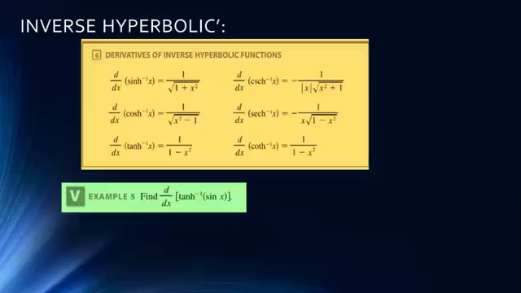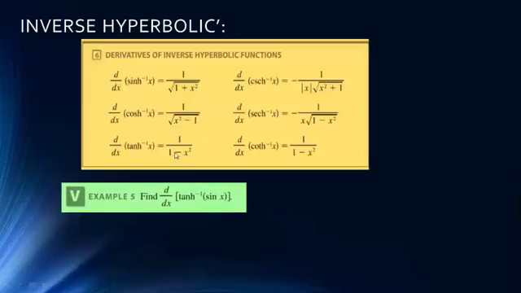Again, we have a chain rule here. We have the hyperbolic tangent of a function. So we're first going to take the outer function, which is the hyperbolic tangent, and plug it into this formula. The derivative of the outer is going to be 1 over 1 minus the argument squared. In our example, the argument is the natural sine of x.